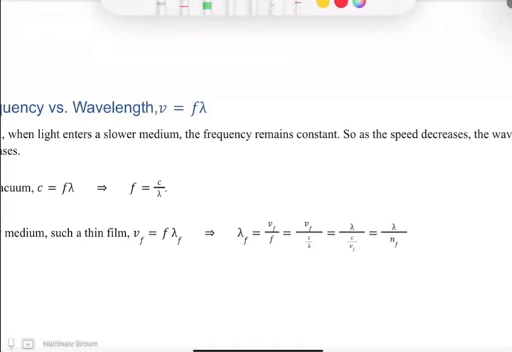So in a material, we're denoting n, it's going to have lambda n, and that's going to be equal to whatever lambda was in a vacuum divided by the index of refraction, which remember is going to be a number greater than 1, so it will reduce.